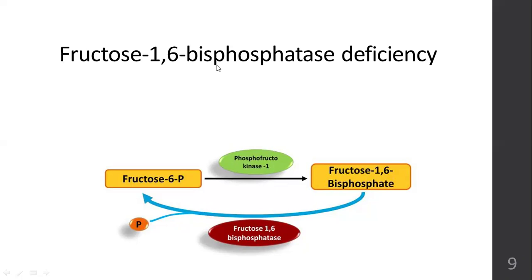Already one phosphate ion along with fructose is coming to the liver. And the liver has this enzyme, phosphofructokinase. Already on the 6th position, a phosphate-attached fructose is coming, and the liver has this enzyme phosphofructokinase.